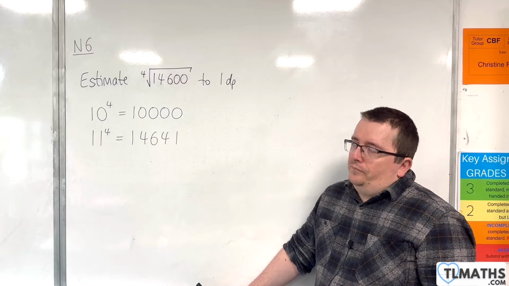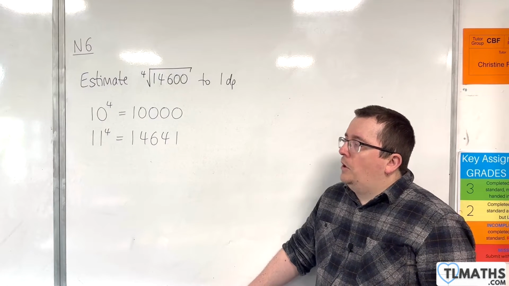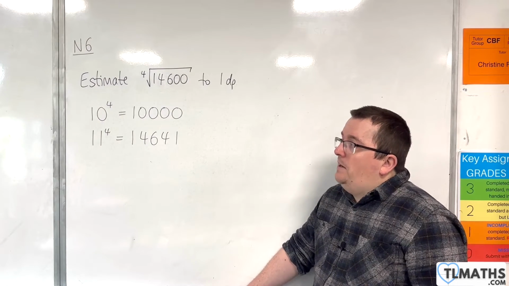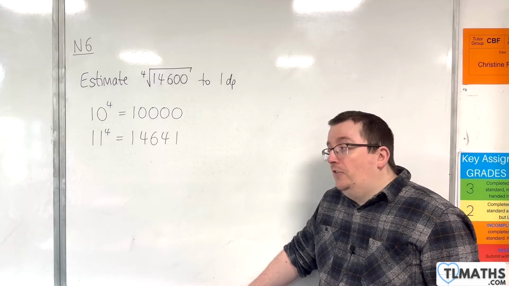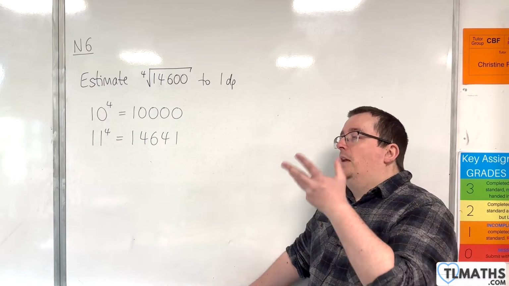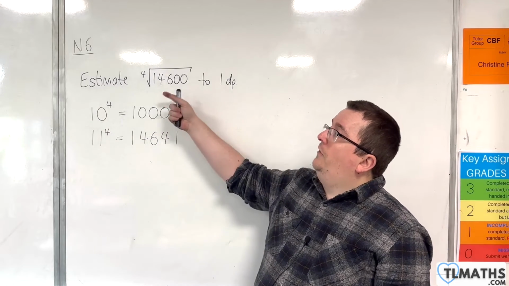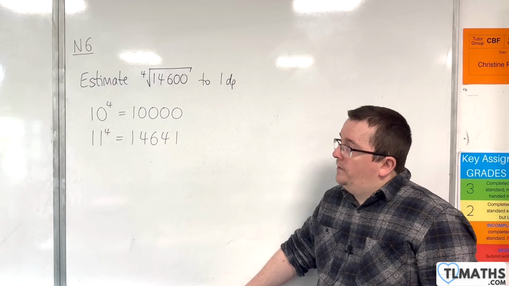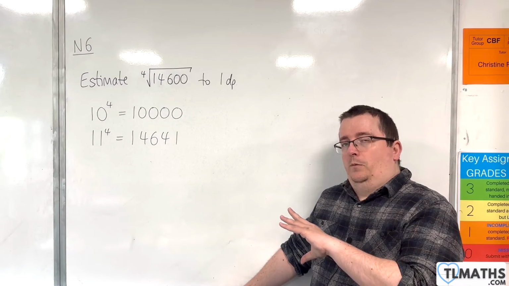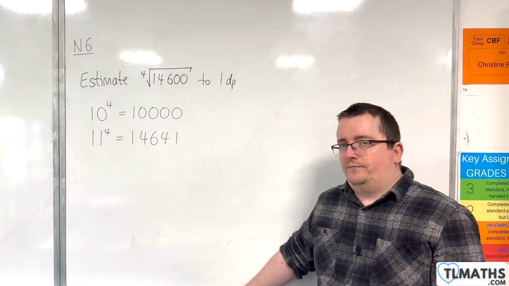So, I'm actually going to go past that, and I'm going to go straight to 10.95. Because that's what I would have to check after that. Now, if I find out that 10.95 to the power of 4 is less than 14,600, then I know the answer is between 10.95 and 11, which means that to one decimal place, it's 11.0.